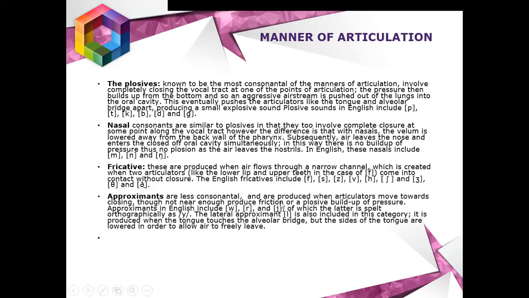Then we have the ha or ja, that is the same G. The Latin approximant is also an approximant, okay? It is produced when the tongue touches the alveolar ridge, but the sides of the tongue are lower in order to allow the air to leave freely. So when you produce it, the air passes through the sides of the tongue. That's why it is an approximant, okay?